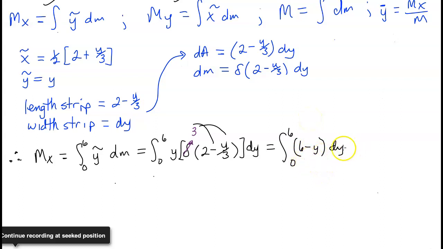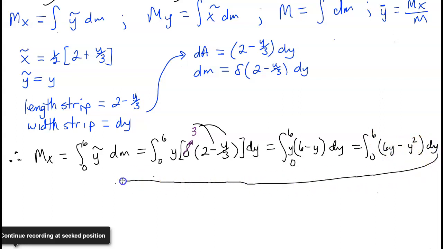And so now all I have to do is just take the antiderivative of 6 and y, which is kind of easy. But here I have this extra y, so I need to make sure that I have that. So this will end up being 6y minus y squared that I actually need to take the antiderivative of. And so when I do that, I know that the antiderivative of y is going to be y squared divided by 2.